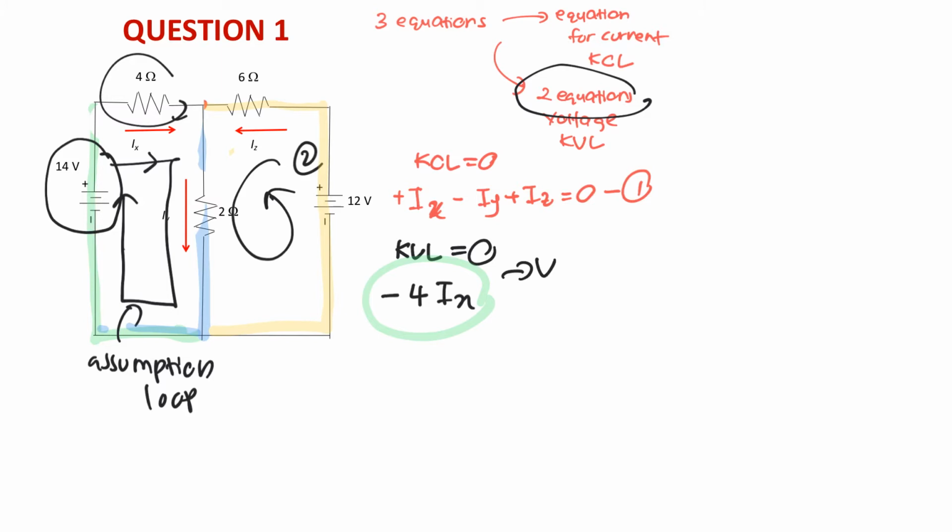My assumption loop is moving from negative to positive between the terminals. Therefore, I am going to get a positive voltage, because to decide the direction you need to look at the output. So I am going to get positive 14, like that.